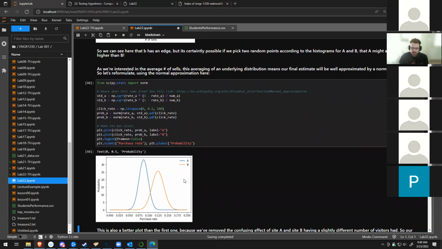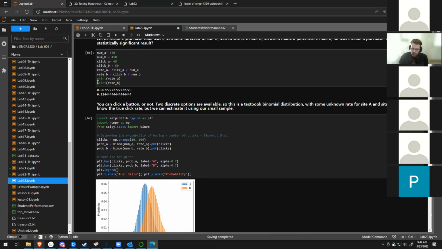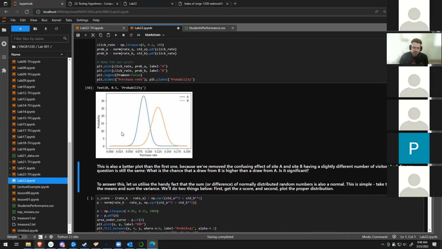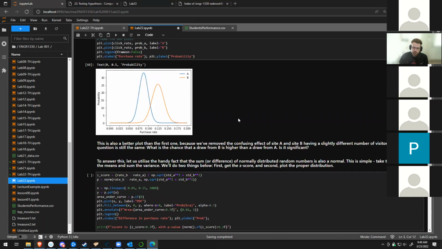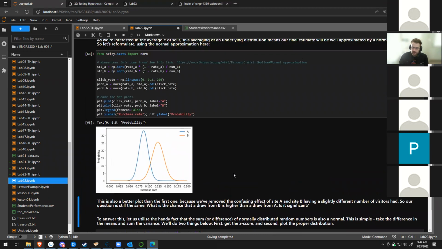The purchase rate for group B averages out, what we saw here. And the purchase rate for group A averages out here. So we've removed the effect.